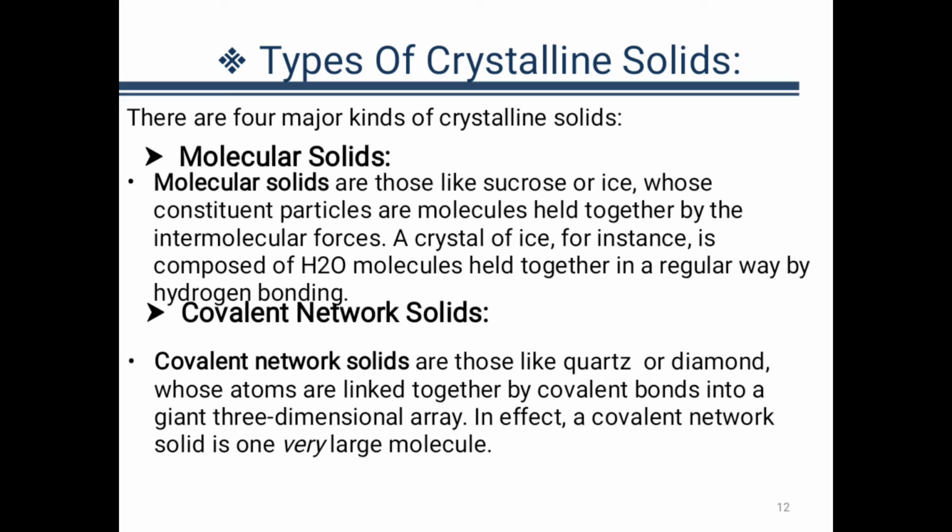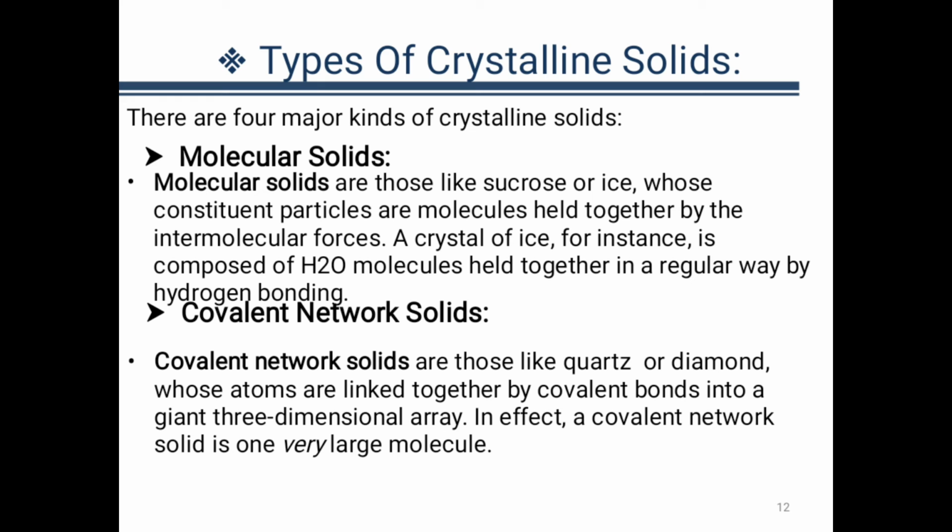So the next topic is types of crystalline solids. There are 4 major types of crystalline solids. Molecular first. Molecular solids are those like sucrose or ice whose constituent particles are molecules held together by intermolecular forces. A crystal of ice, for instance, is composed of water molecules held together in a regular way by hydrogen bonding.